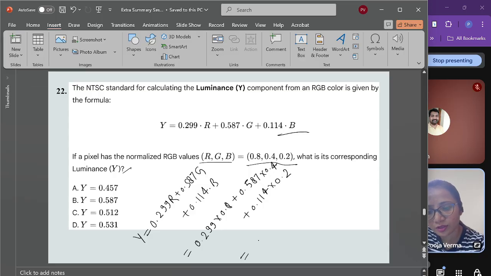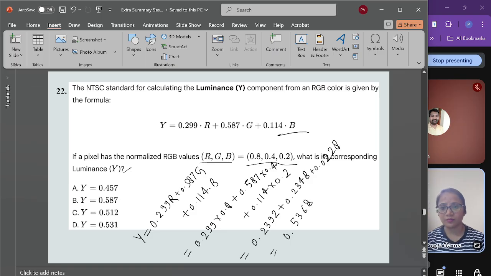If you multiply, you will get 0.2392 plus 0.2348 plus 0.0228. If you add all these values, you will get 0.5368.